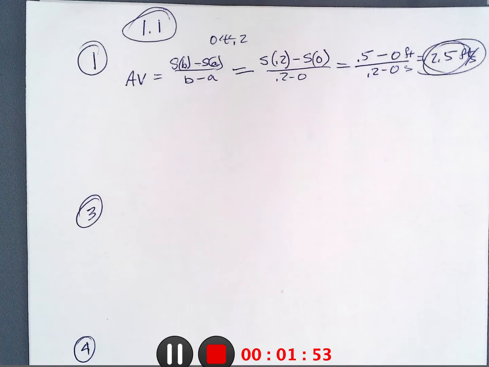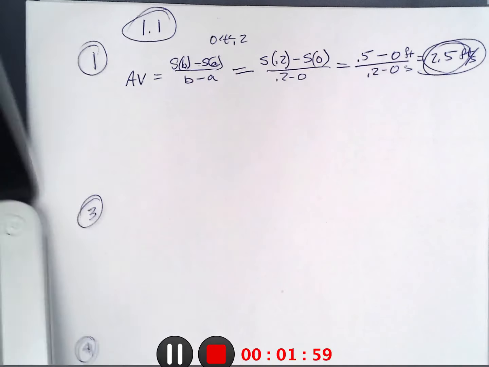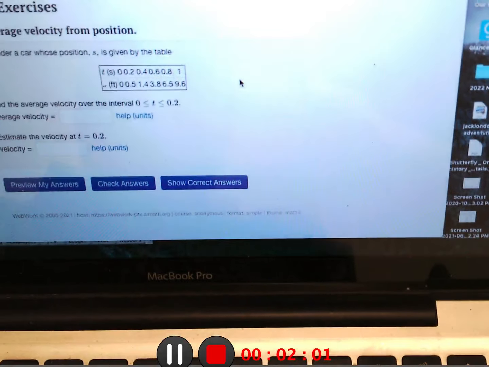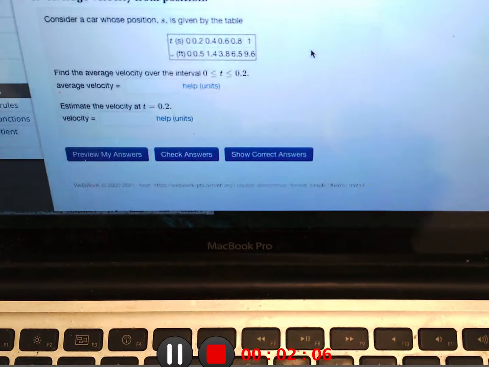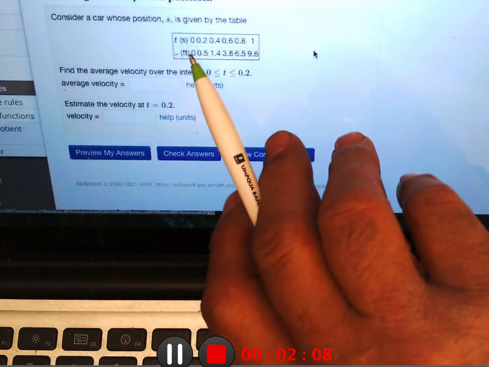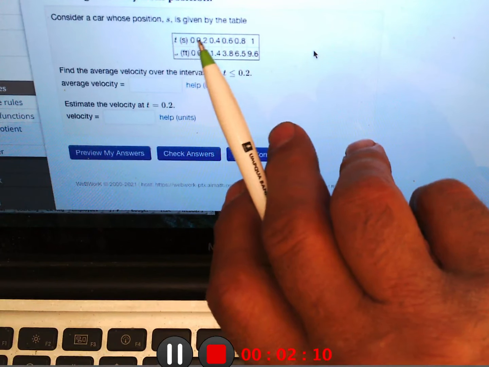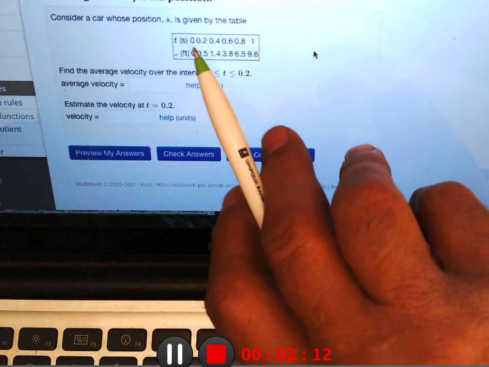Estimate the velocity at 0.2. Well, there's lots of ways to estimate that. But just looking at the table, 0 to 0.2, we have a change of 0.5.